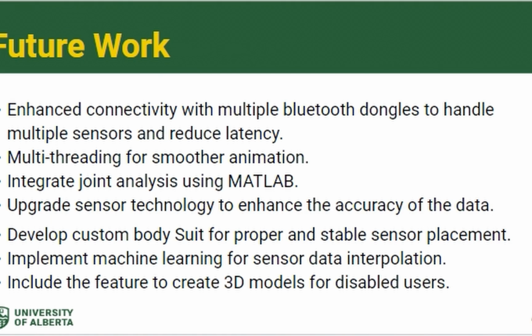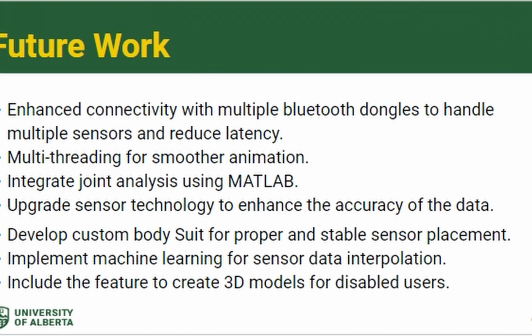Then we can implement multi-threading for smoother animation, where we can use one thread for each sensor. This would increase the speed of data collection, stop data overlapping, and help us create a smoother human animation.